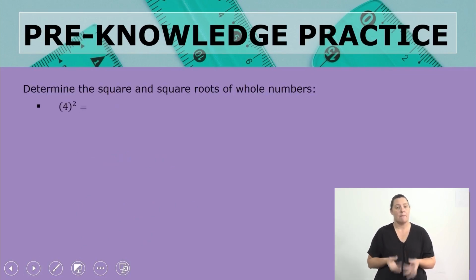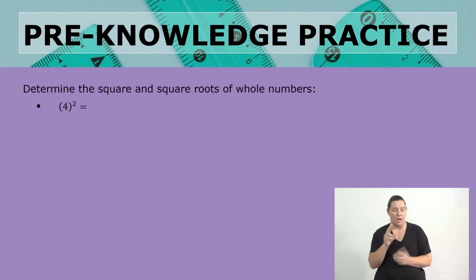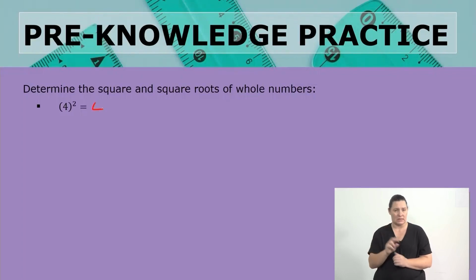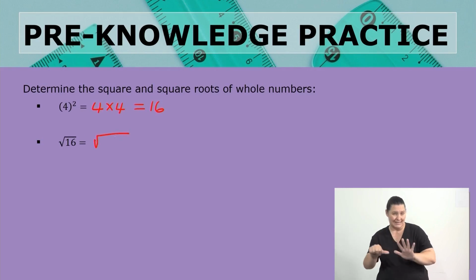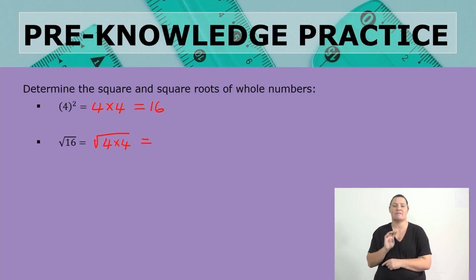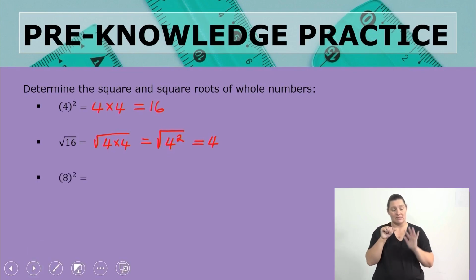Now, if we are going to determine the square and the square roots of whole numbers, so I have there 4 squared. What does 4 squared mean? That is 4 times 4. And 4 times 4 is 16. What is the square root of 16? Now, because 16 comes from 4 times 4, that means that the square root of 4 squared will be 4. So the square root of 16 is 4.